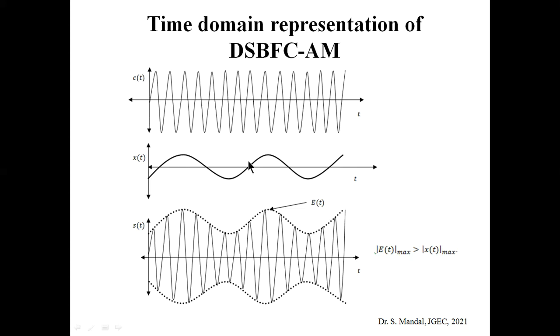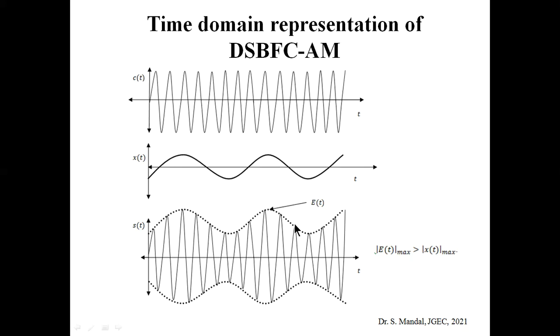It can be arbitrary in nature, but here, for better understanding or easiness of the drawing, we are assuming that it is also sinusoidal in nature. But it is quite interesting to note that the frequency of x(t) is very low compared to the frequency of c(t). Okay, so this is the baseband signal and this is the carrier signal. Obviously the frequency of the carrier will be higher than the message signal.